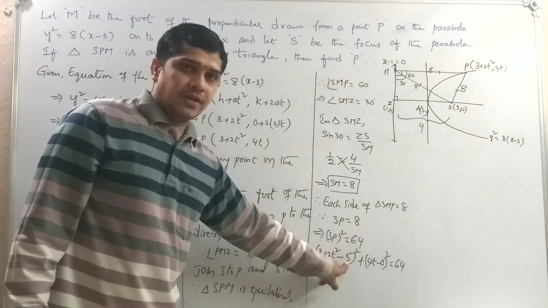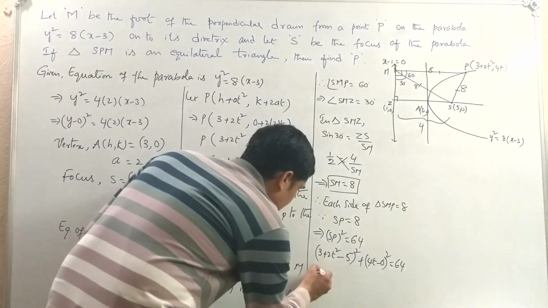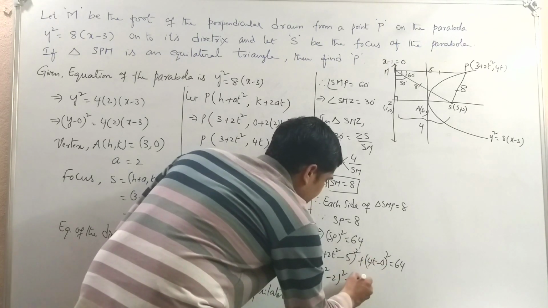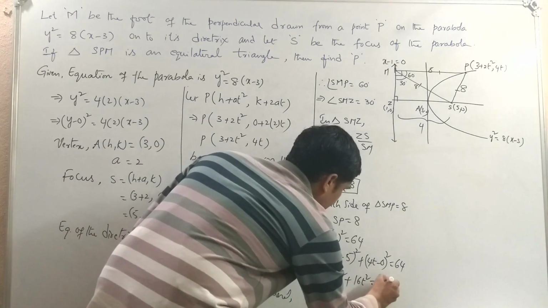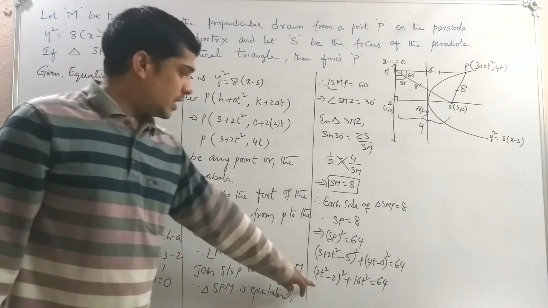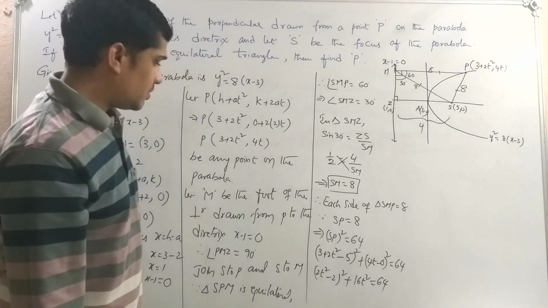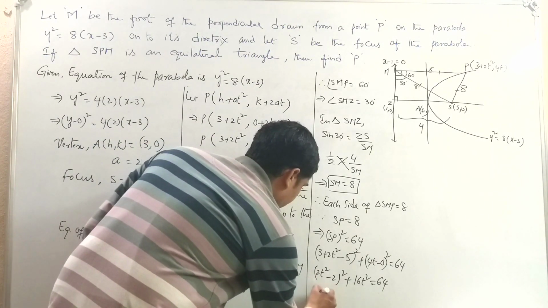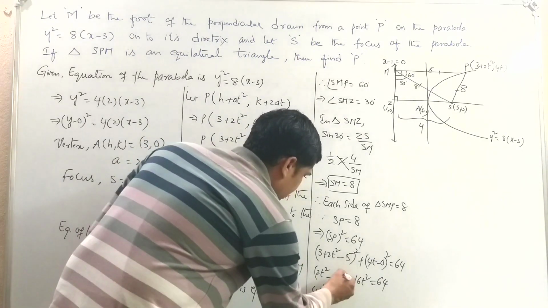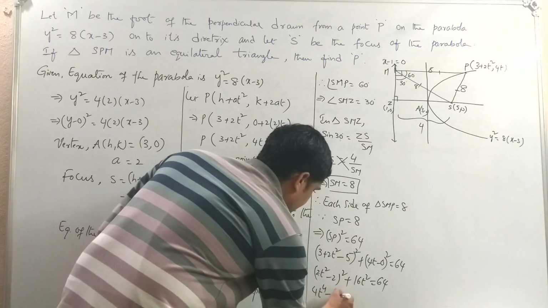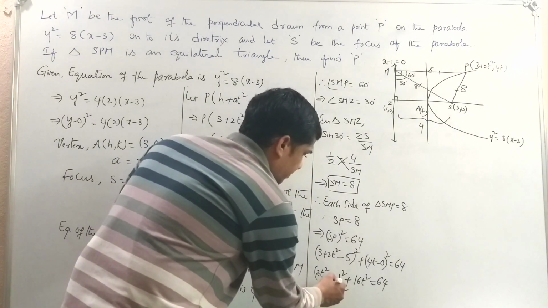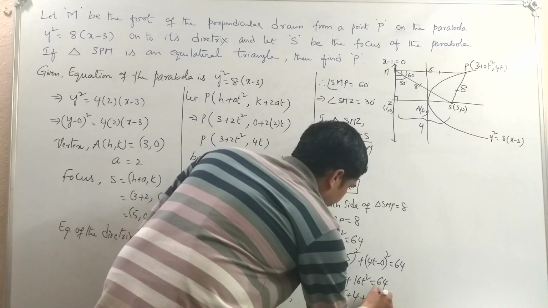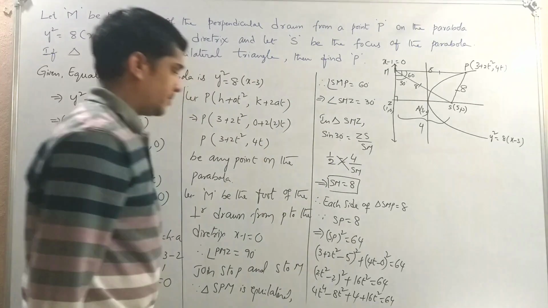Now 3 minus 5 is minus 2. So I am writing it as (2t square minus 2) whole square plus 16t square is equal to 64. Now I want to use the (a minus b) whole square formula here. It can be written as 4t power 4, that is a square, minus 2ab, 2 2s are 4, 4 2s are 8, so minus 8t square. And minus 2 whole square is plus 4, plus 16t square is equal to 64.